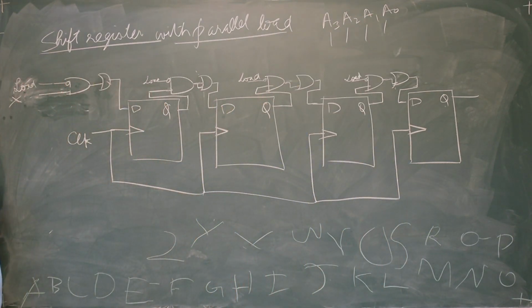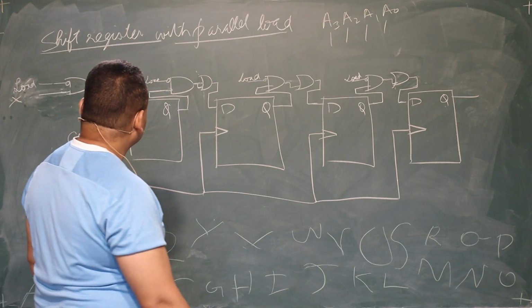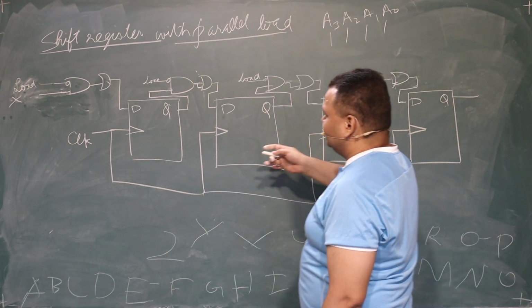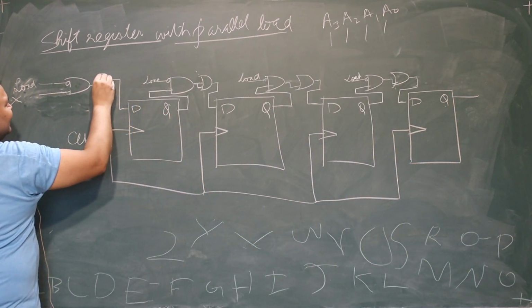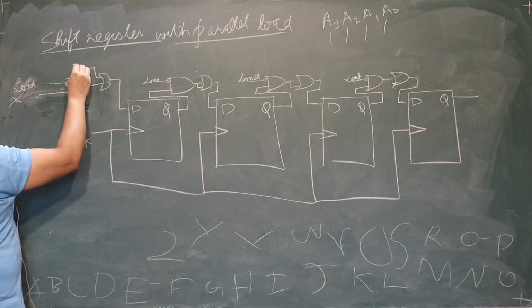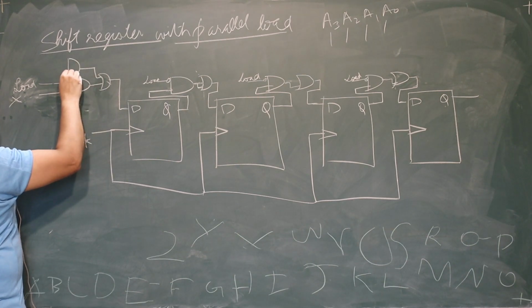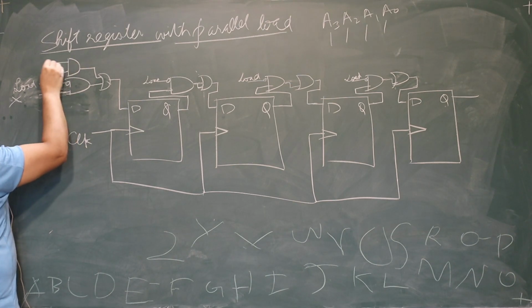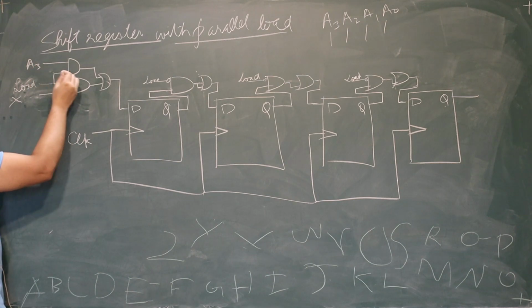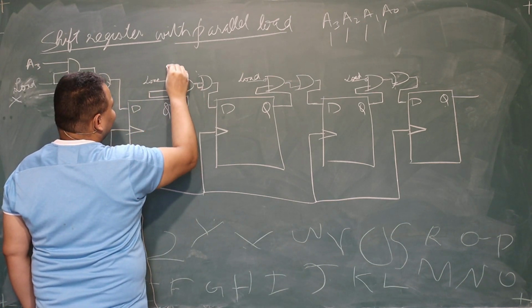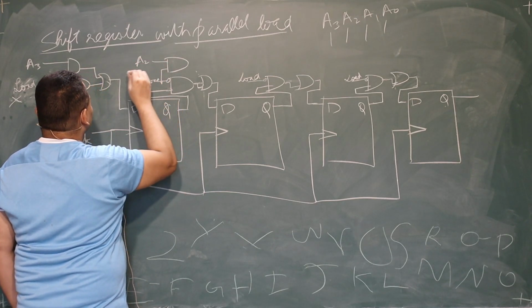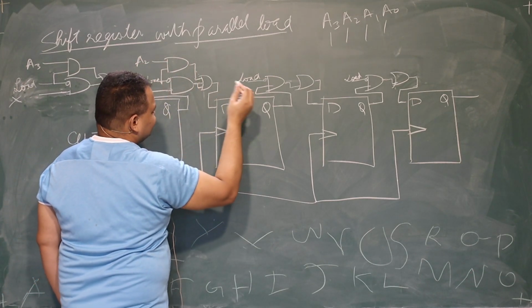Now when load is equal to 1, what should happen? We have to load input into the register. Input will be each of those individual bits. So let us put another AND gate. This load goes into it directly, and this is going to be A3. We'll have another AND gate with load connected here, A2, and the output goes here.